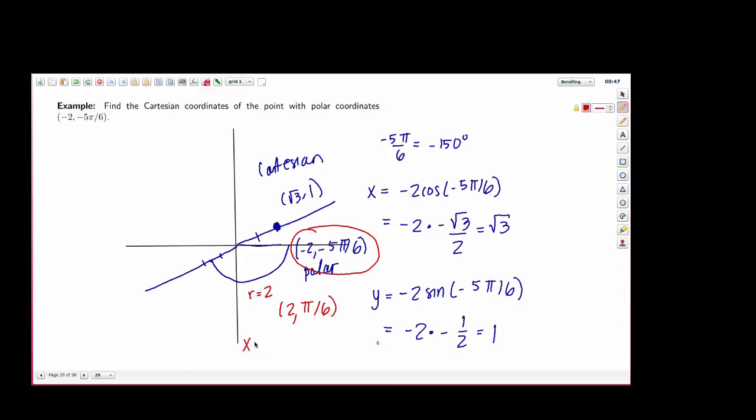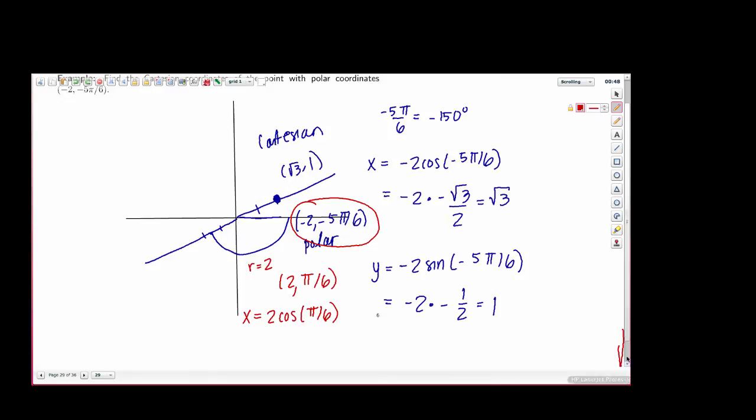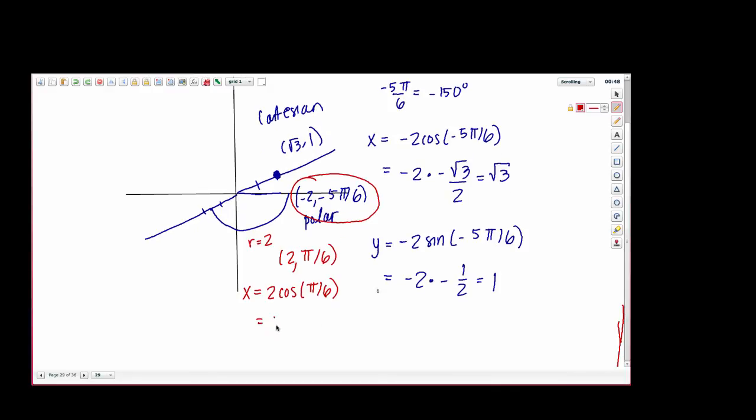And now notice that if you do our equation r cosine theta with positive 2 and pi over 6, we get the exact same thing. So 2 cosine of pi over 6 gives us 2 root 3 over 2, or root 3, and similarly, if we do y equals 2 sine of pi over 6, sine of pi over 6 is a half, so we just get 1.